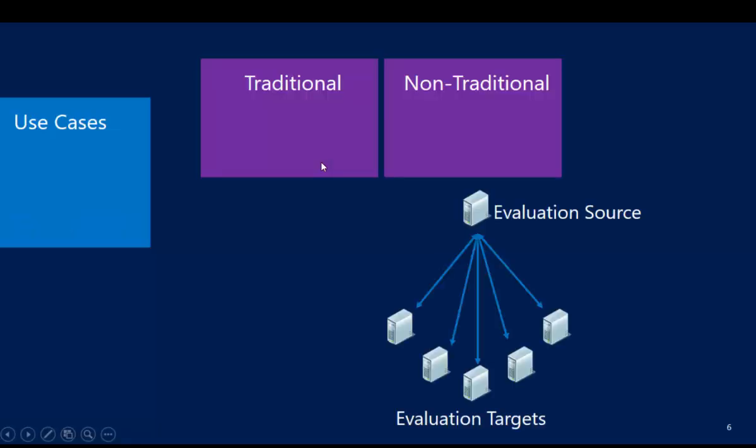All right, so that said, I want to turn away from the technical minutia and really get into some discussion of use cases. So there's the traditional approach to using compliance settings, and that is what we just saw. You have a baseline. On that baseline are anywhere from 1 to any number of configuration items.